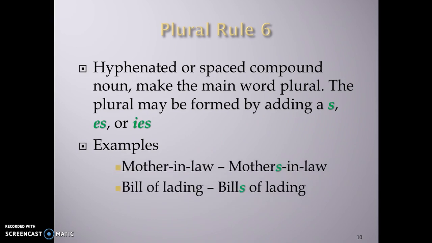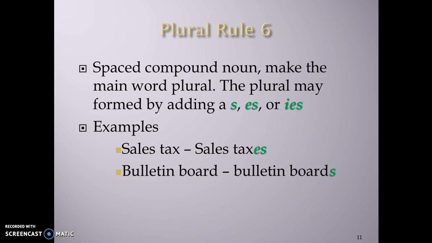Mother-in-law, mother is the noun, so it becomes mothers-in-law. It is the main word. Bill of lading, the noun is bills. We all get bills in the mail, so bills is the noun, and we make that word plural in order to meet rule number 6.